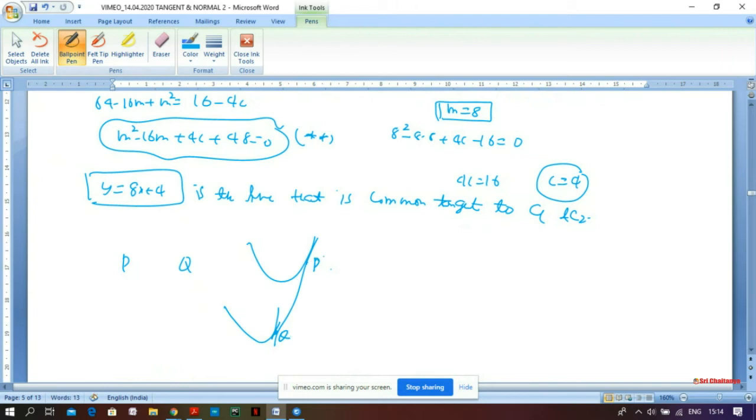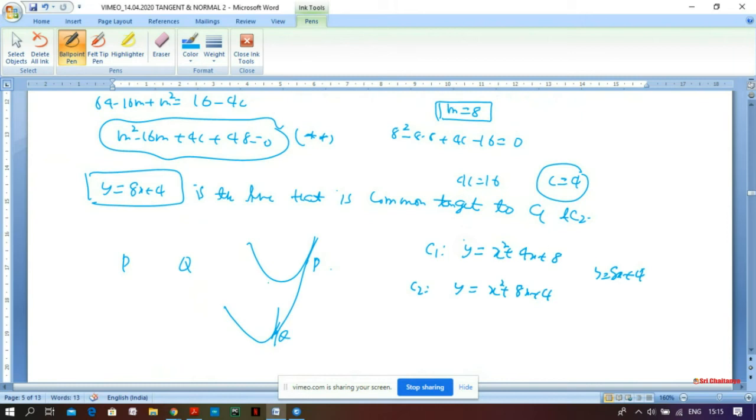So now if you want to find this, remember the curve C1 was y equal to x square plus 4x plus 8, and curve C2 was y equal to x square plus 8x plus 4. And we now know that the line 8x plus 4 is tangent. So we can solve again to find x, but something better I will do.